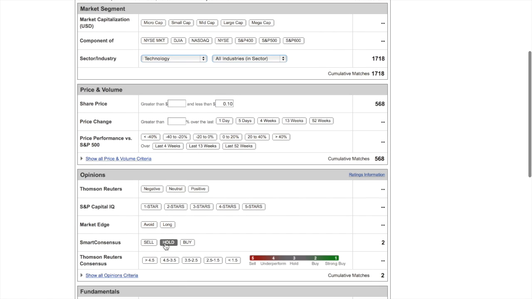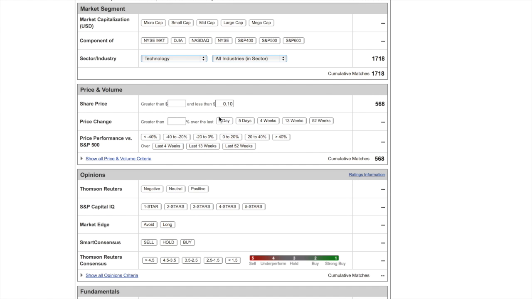These are all things you can play with. These are the opinions of not marketers, but groups that get together and score stocks on whether you should buy it, hold it, or sell it, things like that. They'll rate them 1-star, 2-star, 3-star, 4-star, avoid, go long. Long means to hold it for a while.